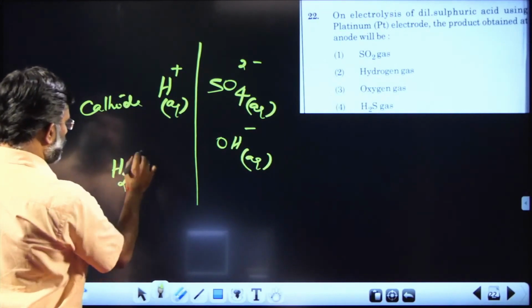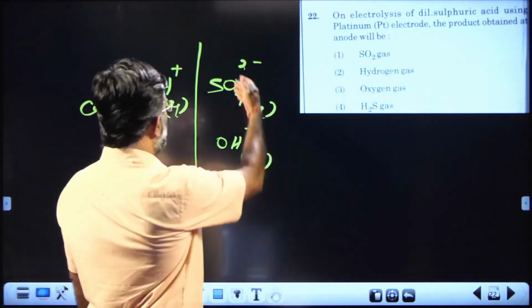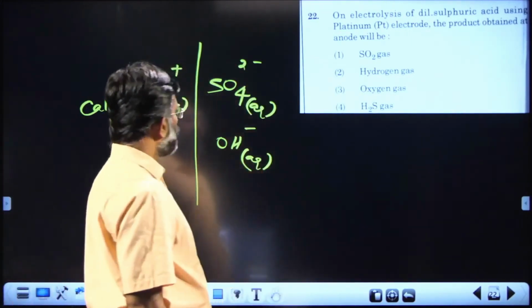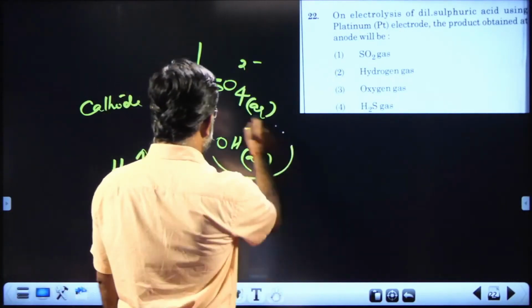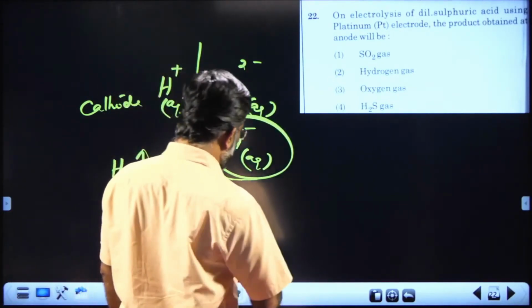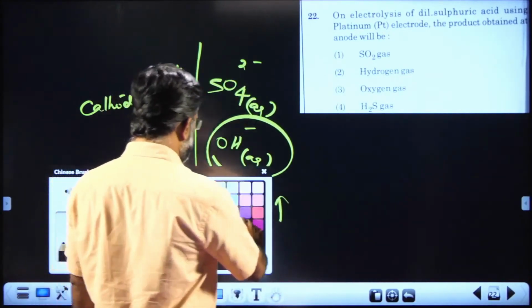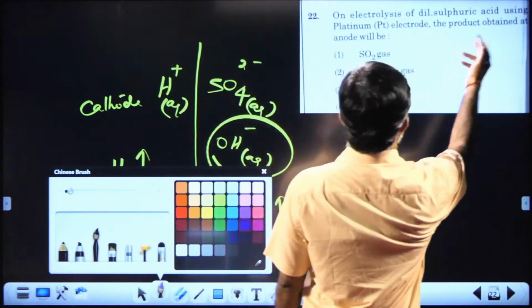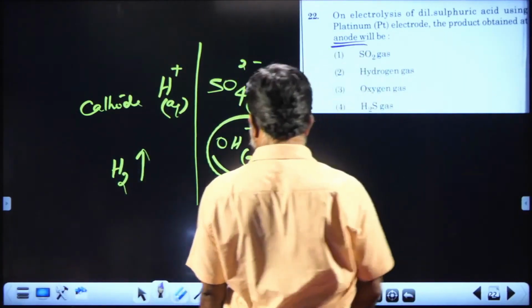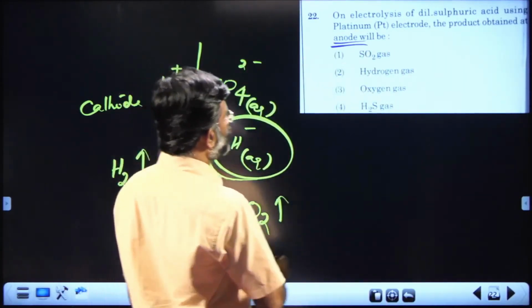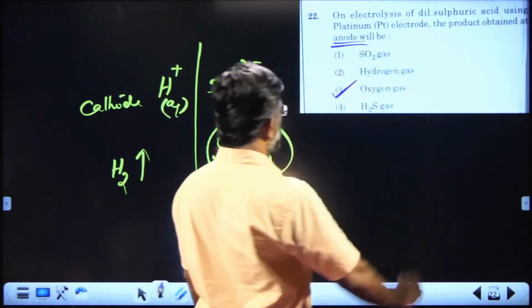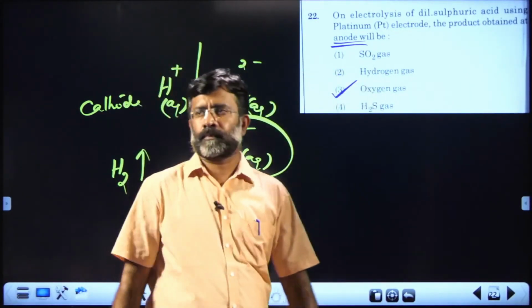Hydrogen gas will be liberated at the cathode, and at the anode we have two ions, sulfate and OH-, and OH- will be preferentially discharged, liberating oxygen gas. The product obtained at the anode will be oxygen gas. Third choice is the correct one.